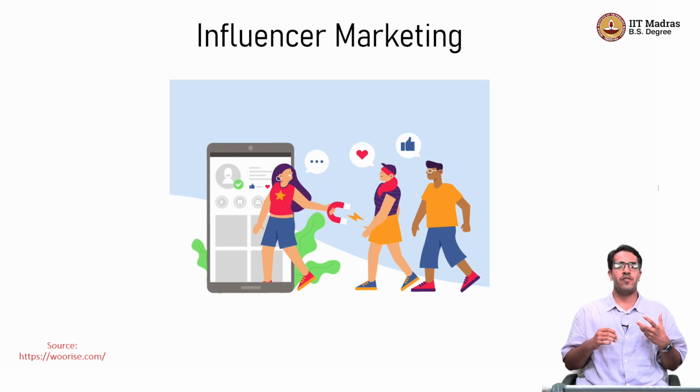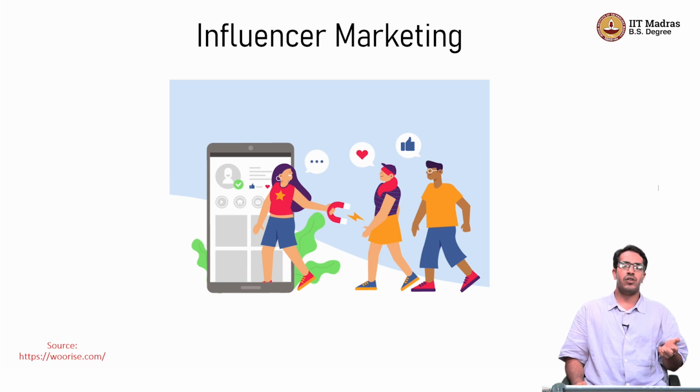Now, unless you have a huge budget to pay for an endorsement, like let's say a couple of crores to get maybe Virat Kohli or Ronaldo or the Bachchans, you are going to rely on micro influencers like many of us do. So the key here is to find micro influencers who are relevant to your brand and your mission.